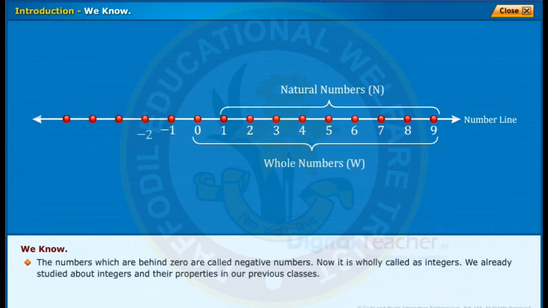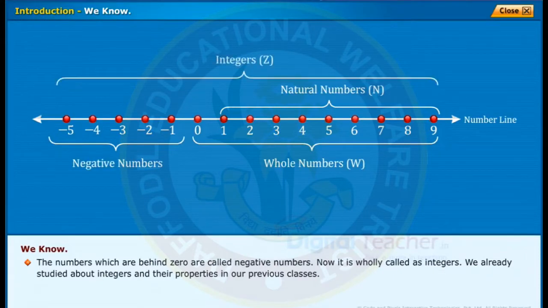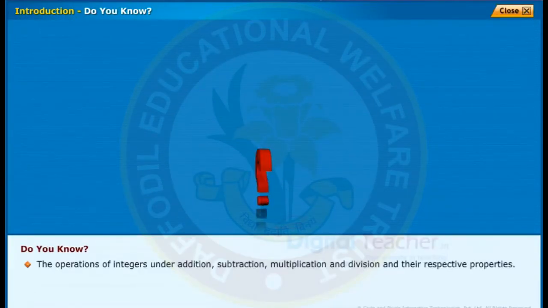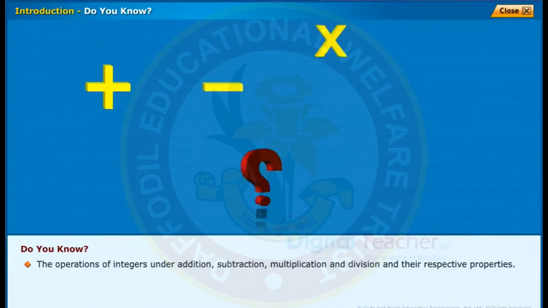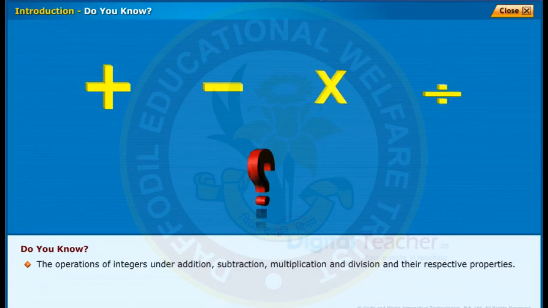The numbers which are behind 0 are called negative numbers. Now, it is wholly called as integers. We already studied about integers and their properties. Do you know the operations of integers under addition, subtraction, multiplication, and division and their respective properties?